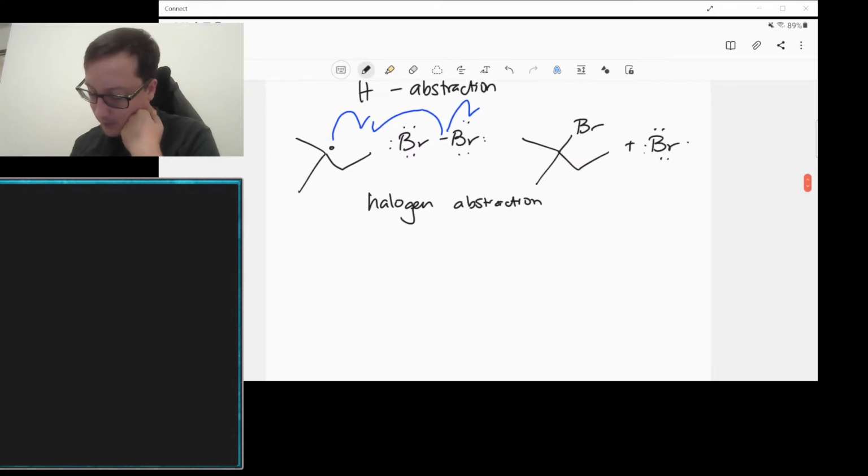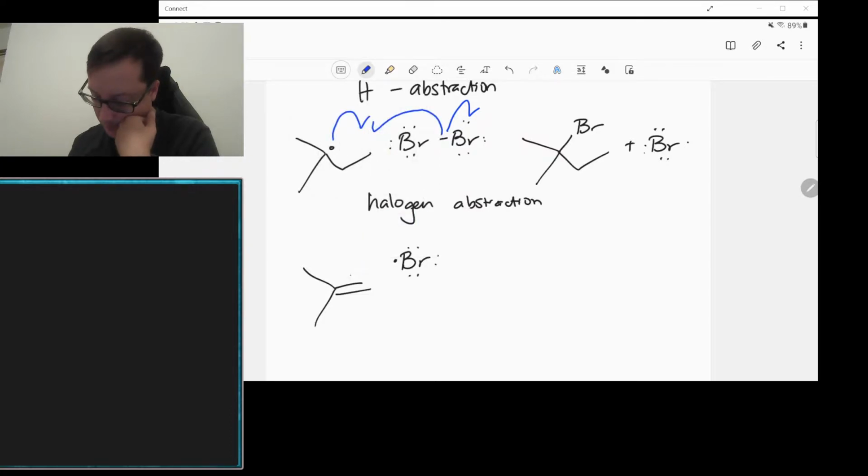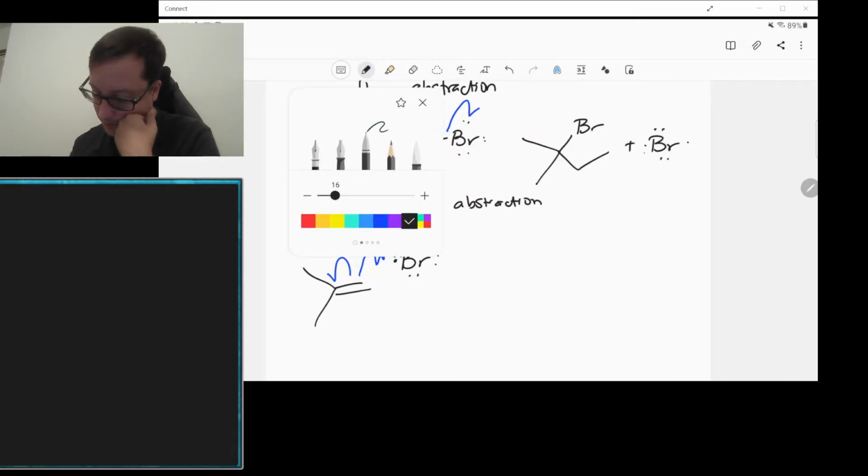So remember, if you have a double bond, and let's just say we have a Br, doesn't really matter what our radical is. Remember, we can add to a pi bond. This is addition to a pi bond.